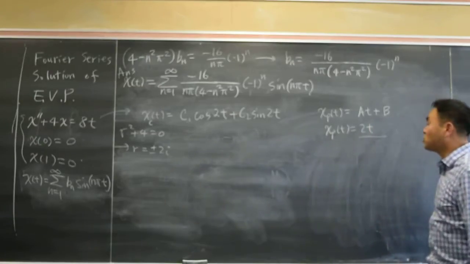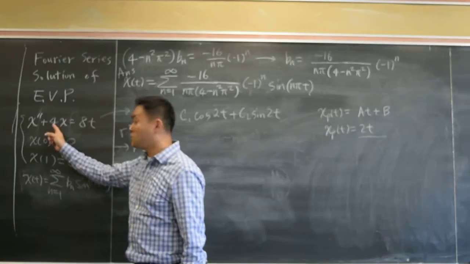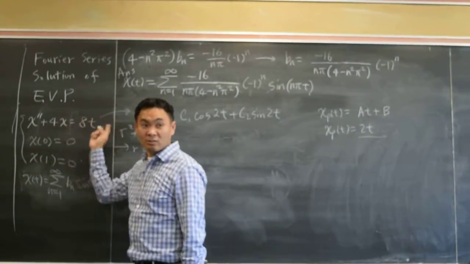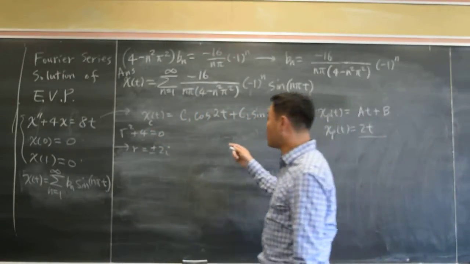I don't want to go into details, but if you actually plug this 2t on the left side, 2t times 4 is 8t, right? And 2t, if you differentiate it twice, you get 0, so this does work. And then once you have it, what do you do afterwards?